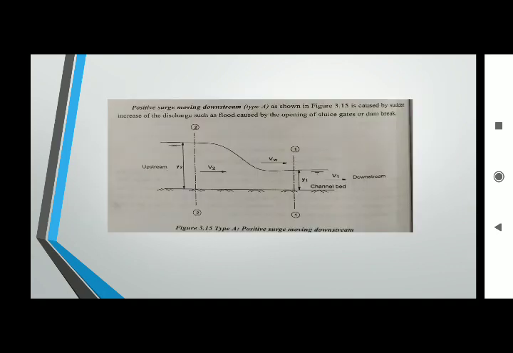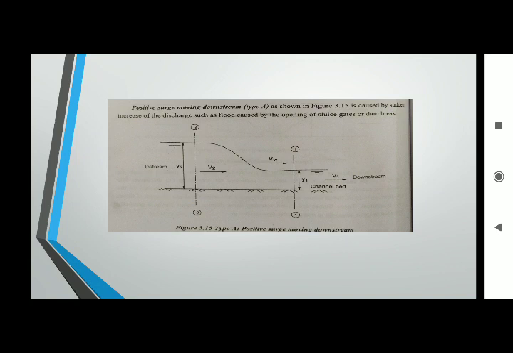Let's see, here it is called positive surge because water is flowing at a velocity of v1 on the downstream side. If I am opening a sluice gate, at that time water will enter into the river with a higher depth, for example v2.